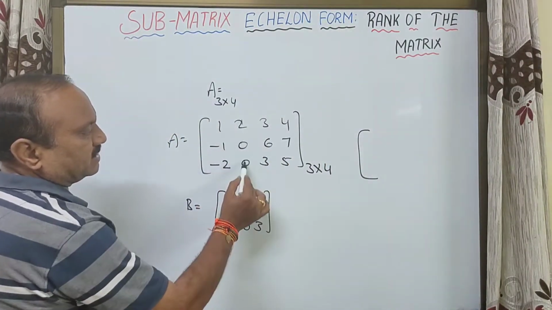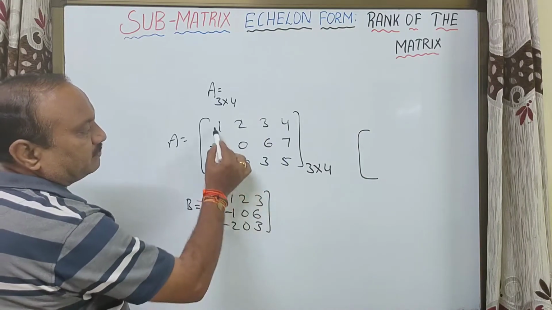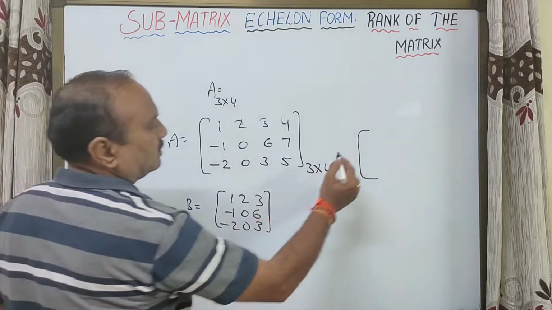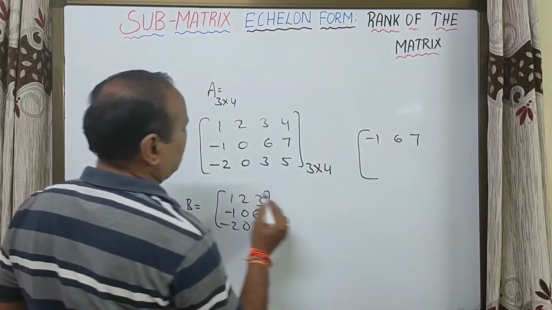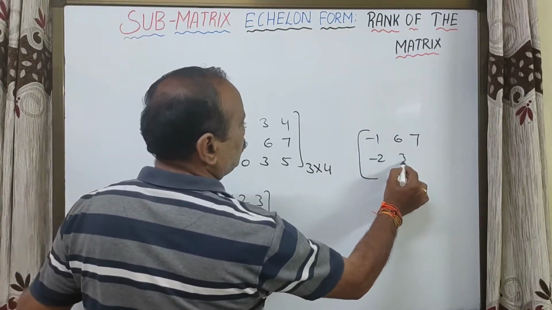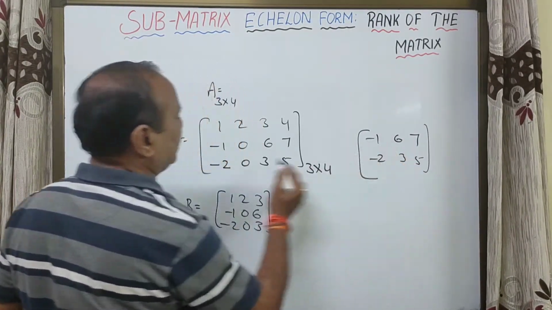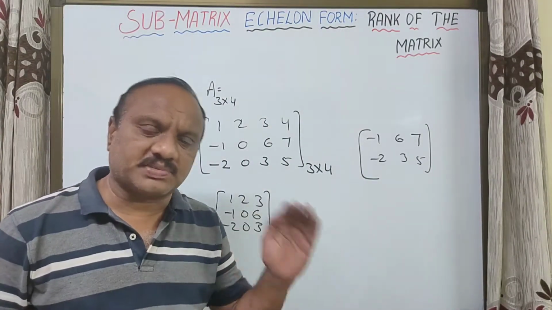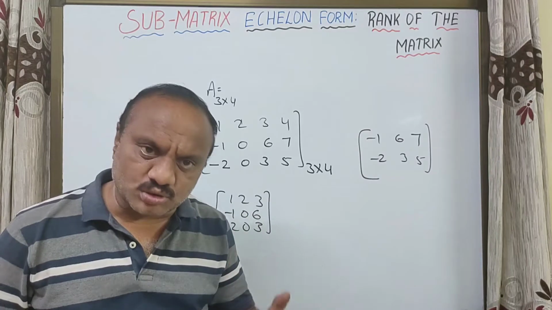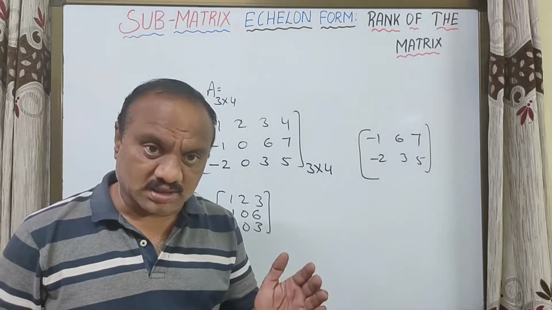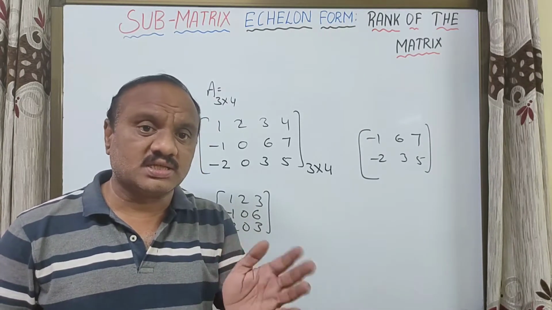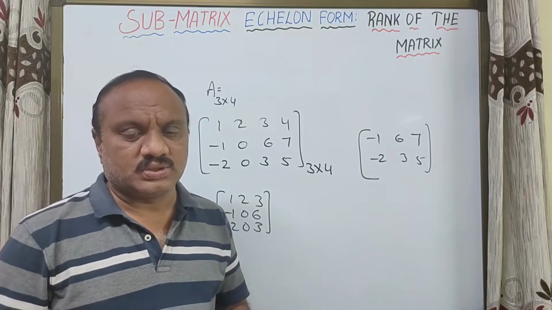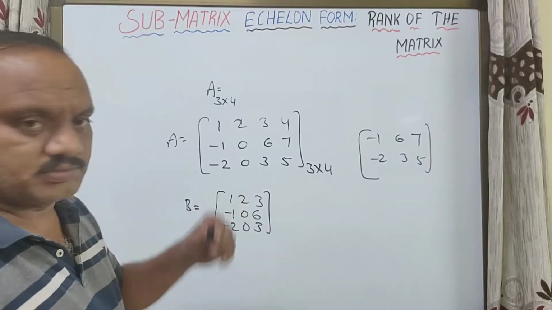First row, second column. Tell me, first row, second column is minus 1, 6, 7, minus 2, 3, 5. This is the submatrix of matrix A. That means the matrix obtained by deleting some rows or columns or both. Both means both rows and columns. Okay, now students, these are the examples.